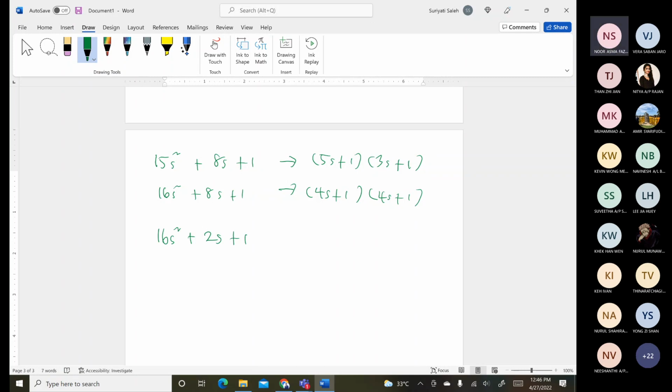If we try to factorize it, maybe you will get a complex number as your solution. So when the equation cannot be factorized, then automatically it is an underdamped response.